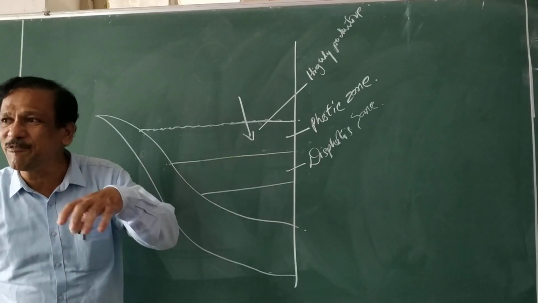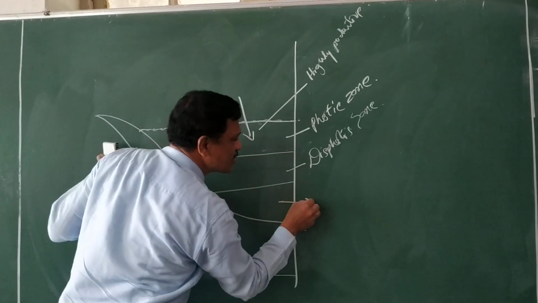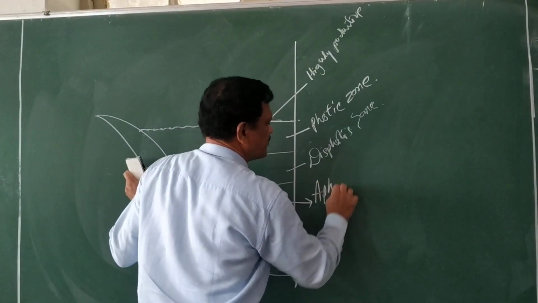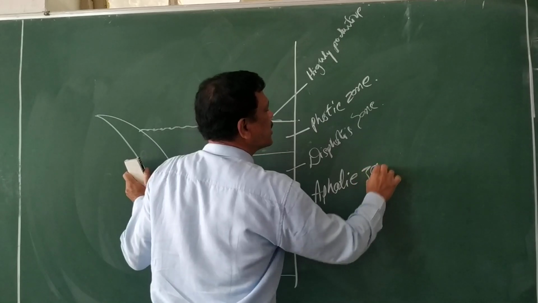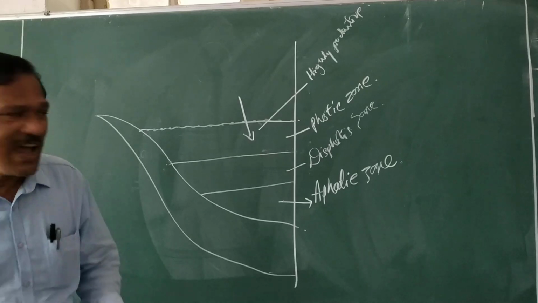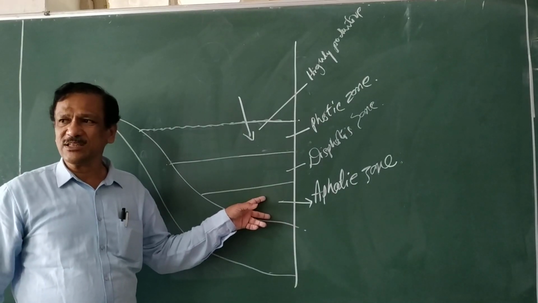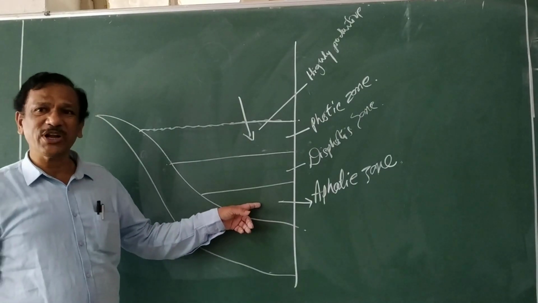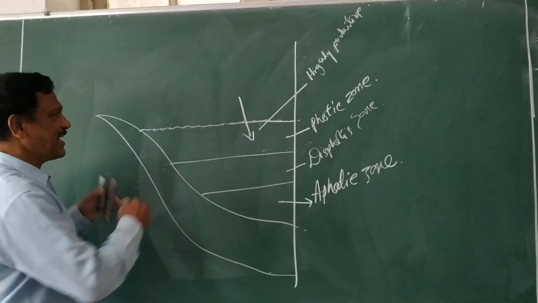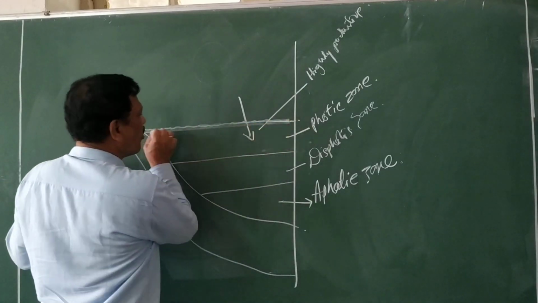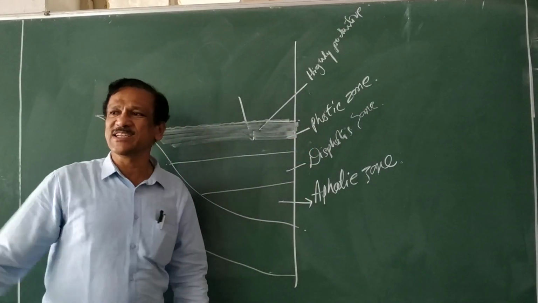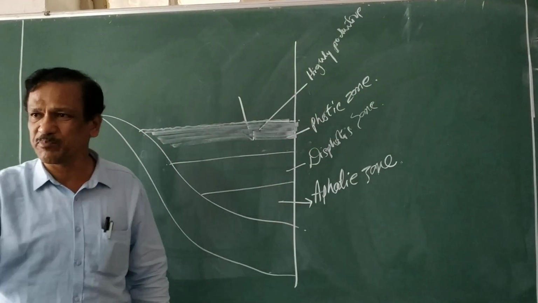Whereas the deepest zone of pond or water is called aphotic zone, where only a few light rays penetrate, and this portion is always dark. This is not as highly productive as this, and this is not productive as this. I mean to say that this is the top zone called photic zone, where maximum solar intensity is present, and this maximum solar intensity results in the maximum productivity.